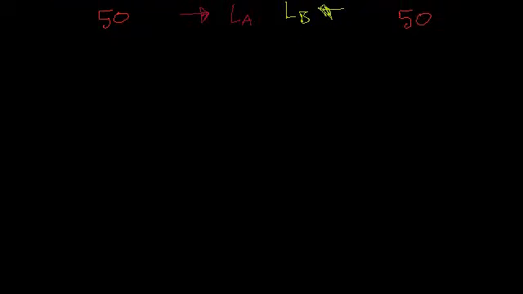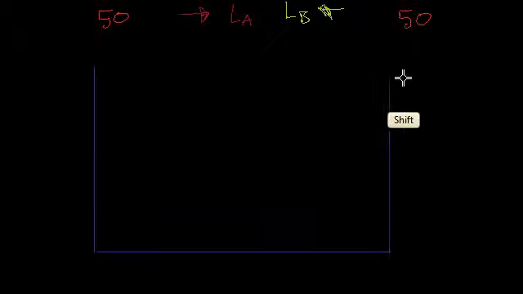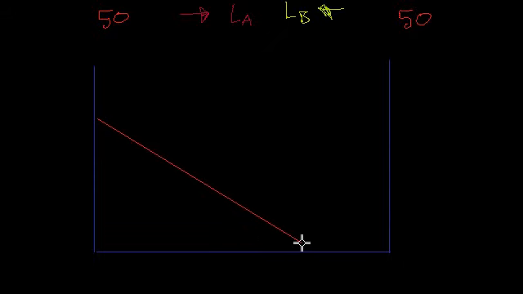And so when we draw our graph as one with two y-axes, so let's do that now. The sum of labor supply in both of these sectors is going to be 100 because we're combining the two.